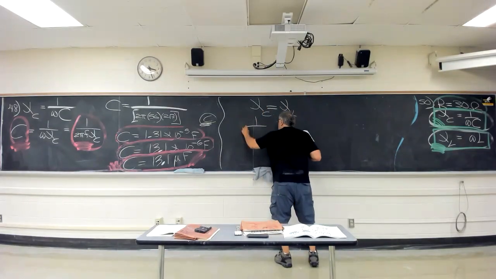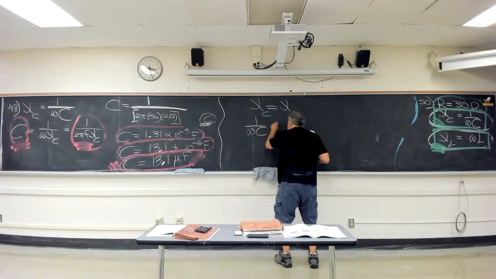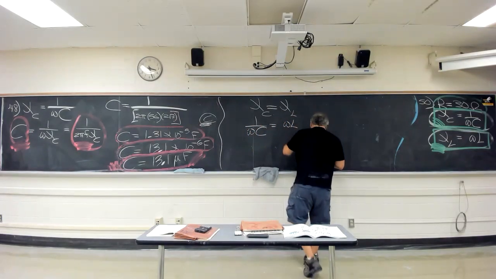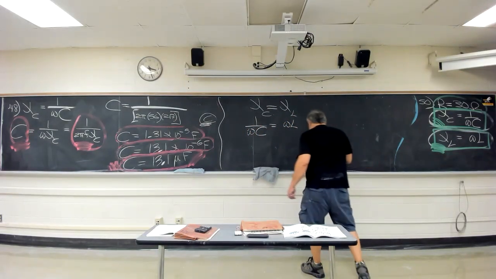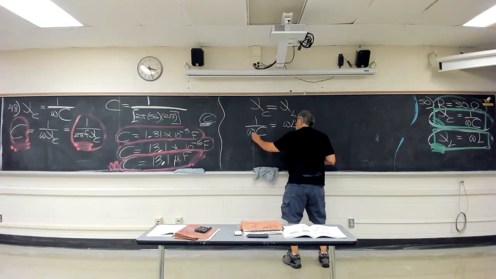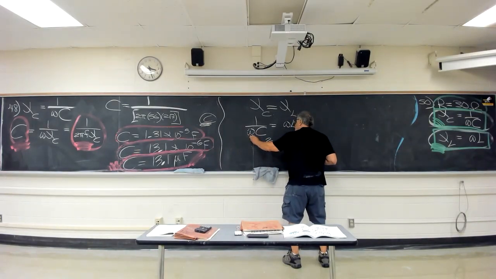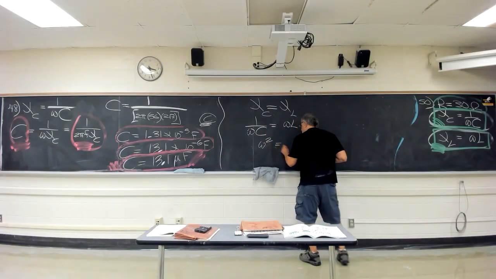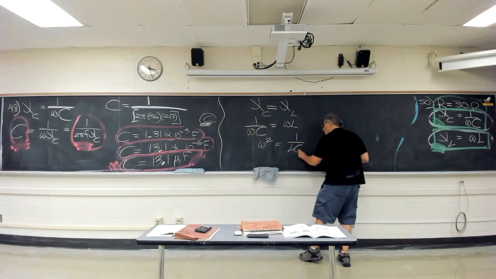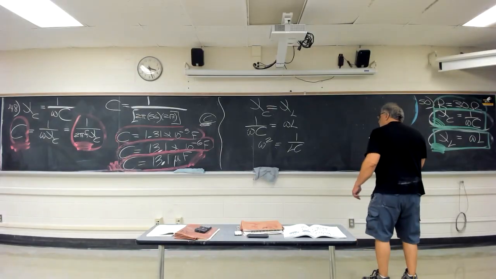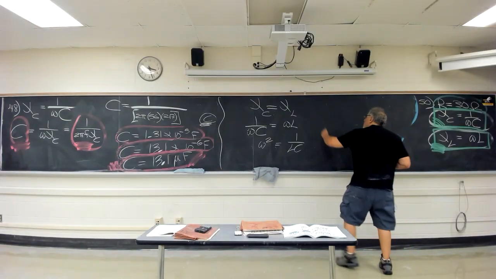You have to have 1 over omega C equal to omega times L. Multiply by omega on each side and get omega squared. Let's multiply by omega on each side and divide by L on each side, and you get this. Square root each side.